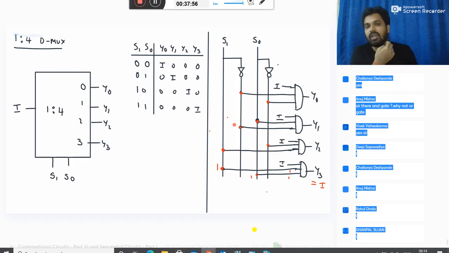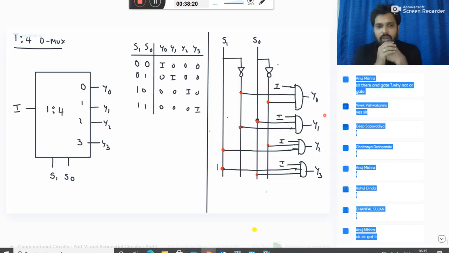Similarly, for 1, 0, whenever you keep 1, 0, if you keep 1 here and 0 here, 0 bar will be 1, and these two will transfer I, like that. So that job can be done by AND gate only, not OR gate. Enabling and disabling: whenever one is given, it will be enabled and it will transfer the other input. If you want, you can make it by NAND gates, but active low will come.